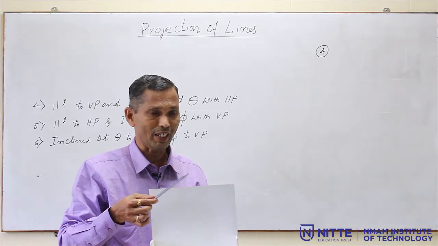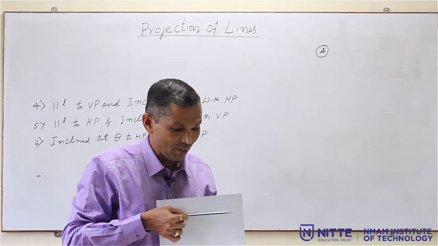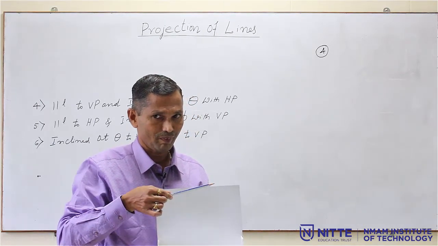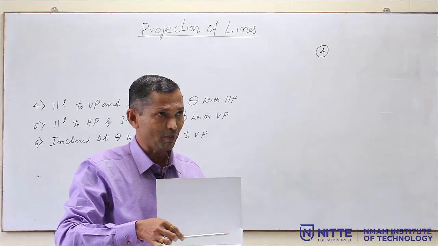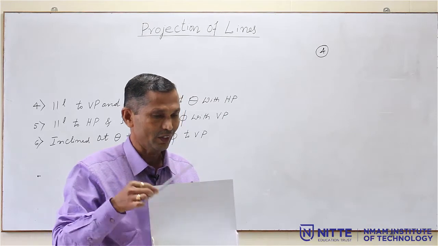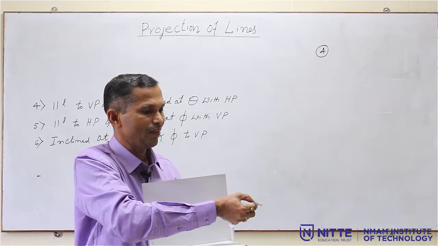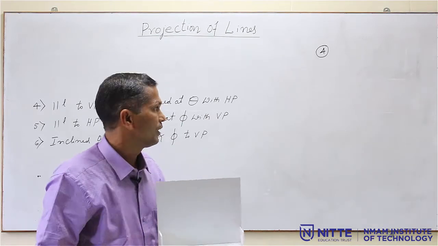If it is parallel to VP, the true length is available in the vertical plane. If it is parallel to HP, its true length is available in the horizontal plane. If it is parallel to the profile plane, its true length is available in the profile plane.